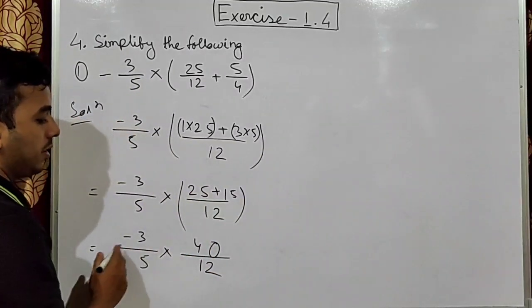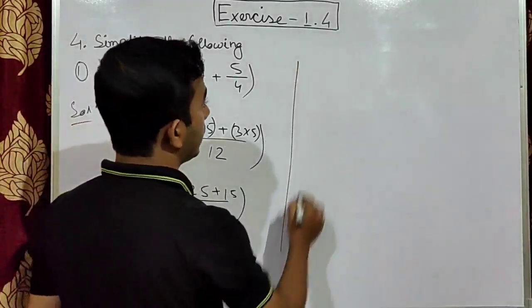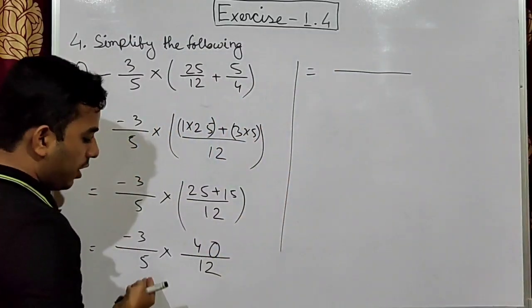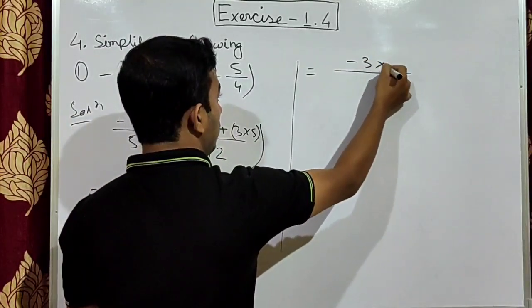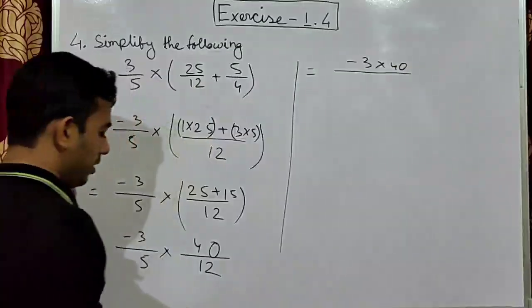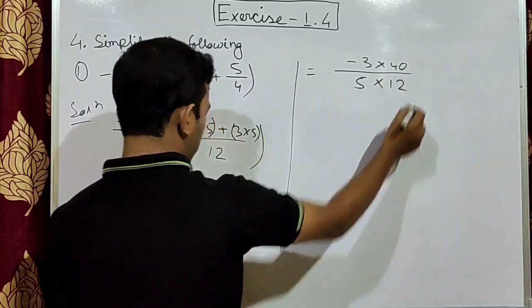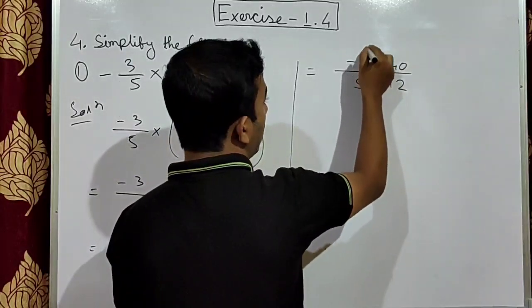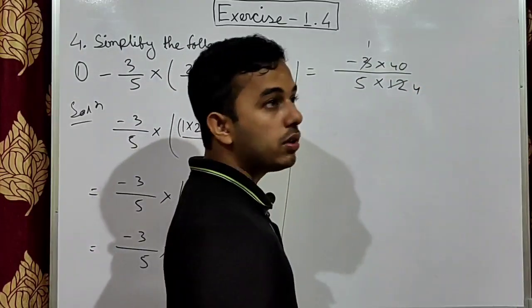Now look, we can cancel it. Okay, let's multiply. Numerator into numerator multiply, denominator into denominator multiply. That means minus 3 into 40 and 5 into 12. Okay, now we can cancel, right? Look, 3 into 1 is 3, 3 into 4 is 12.